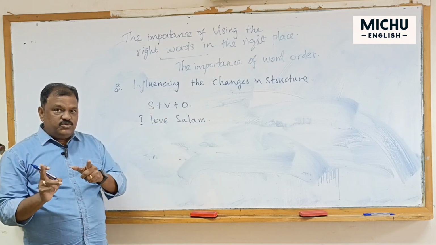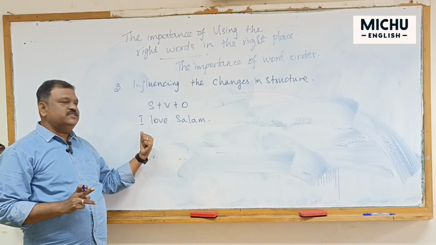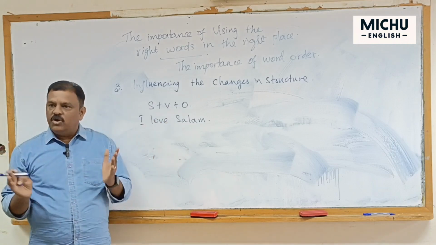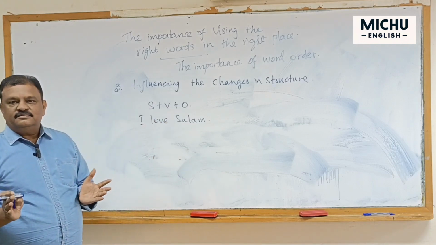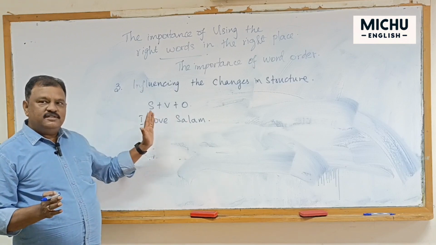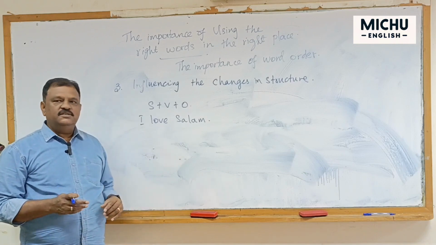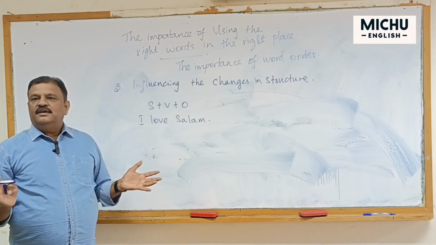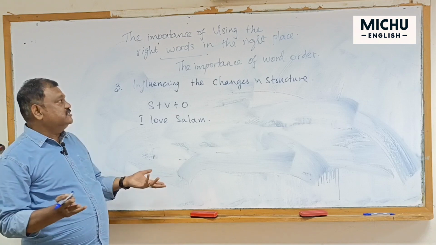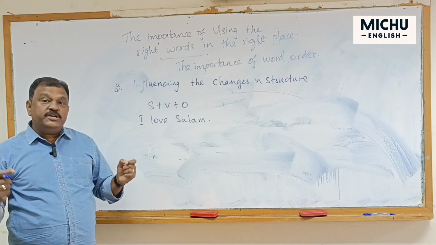If you do not know the way it has to be written, that is, the first one is the subject, the second one is the verb, and the third word is the object, and you don't know to write in this natural format, the right structure, then again it influences the changes in the structure, meaning you will create your own structure.